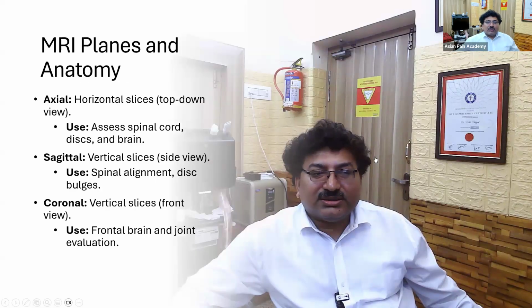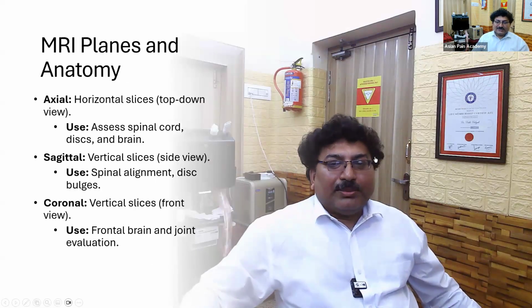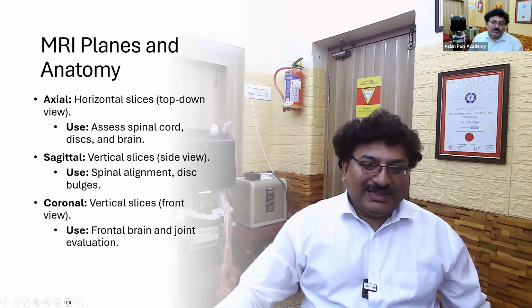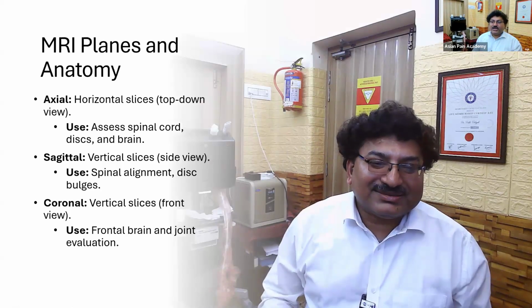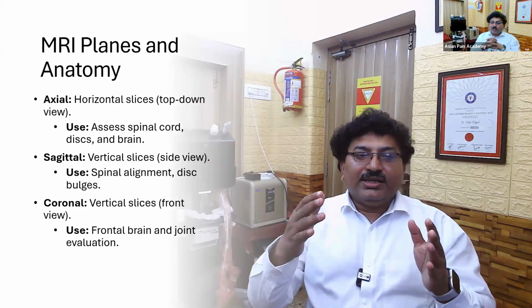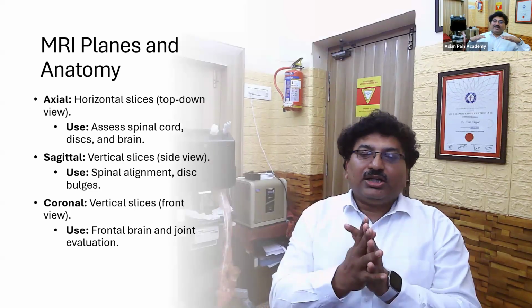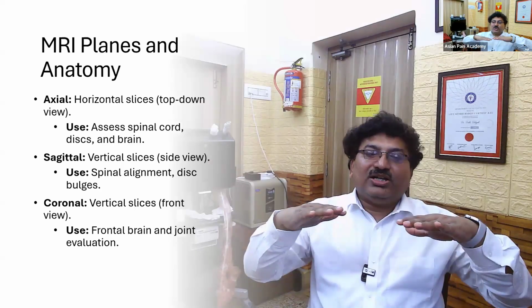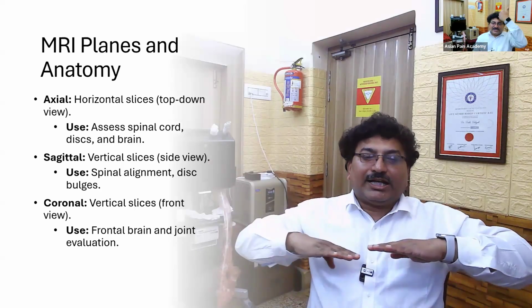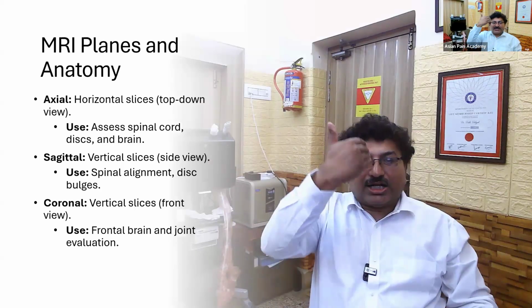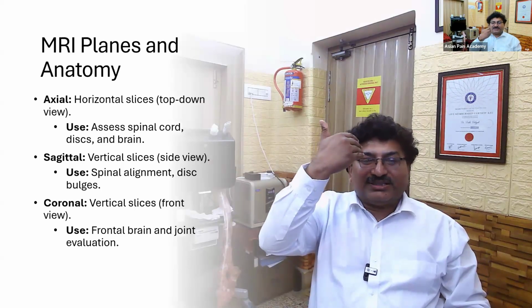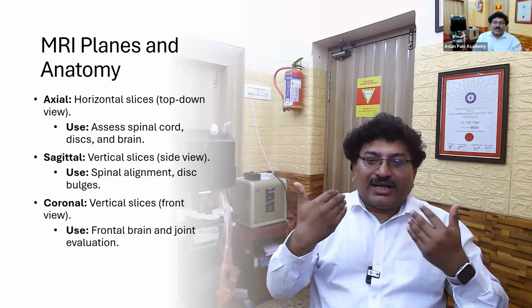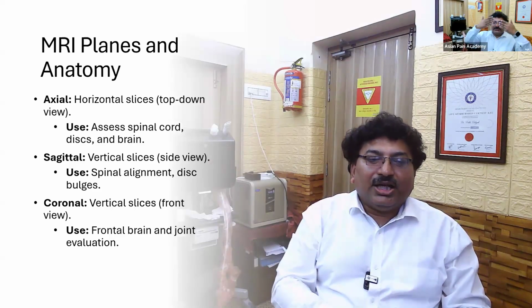Simple. Now coming to the MRI planes. Remember, MRI and CT, both we read in planes. Here we can find different planes, like the axial plane, where we can cut like this; the sagittal plane, we can cut like this; the parasagittal plane, it is like this but slightly lateral to the median; and also we can see in the coronal plane.